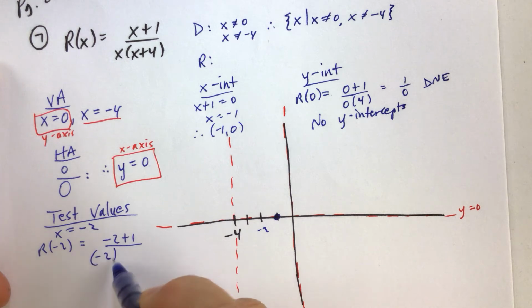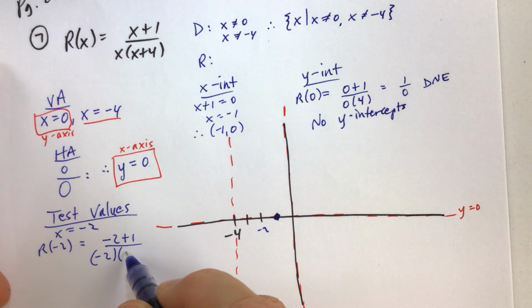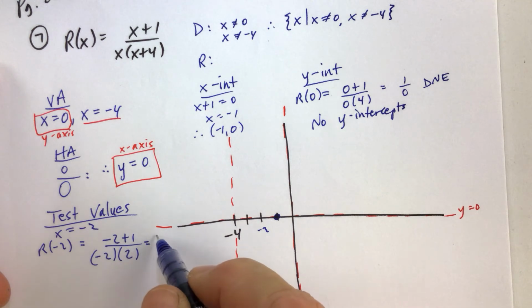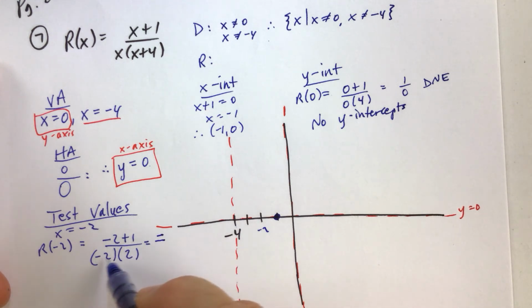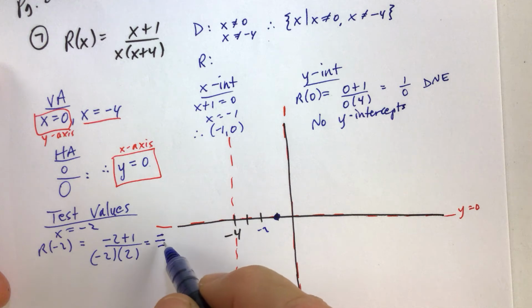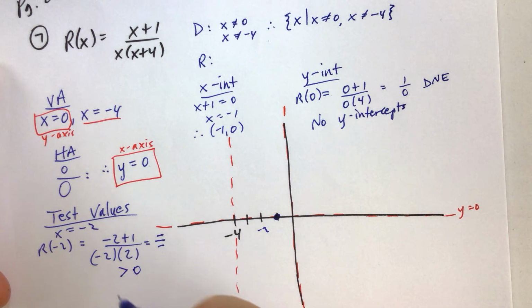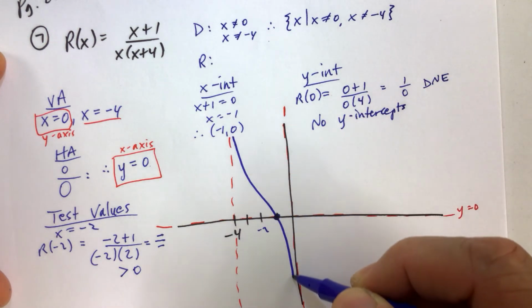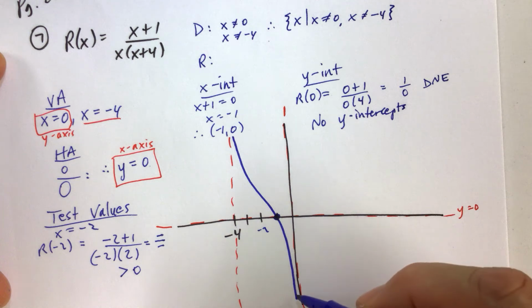Negative 2 plus 1 is negative. And down here, negative 2 times positive 2 is also negative. So that's going to be a positive. So r of negative 2 is above the x-axis. Therefore, we have to get from asymptote to asymptote through the x-axis right there at negative 1.